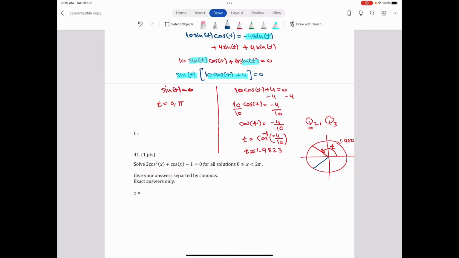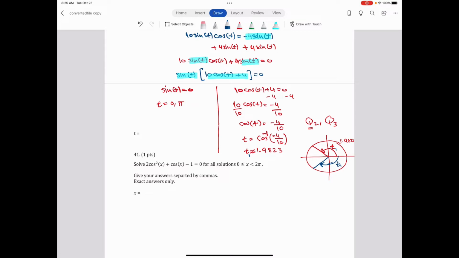If I take 2 pi and subtract t1 from it, which is the same amount but in the negative direction, I will get the angle in the third quadrant.